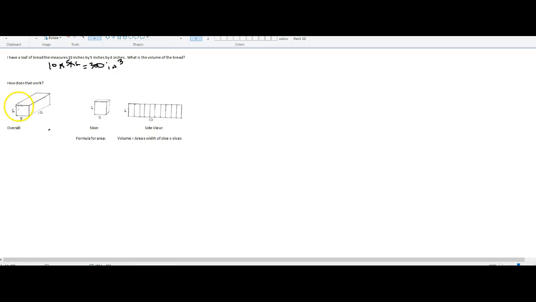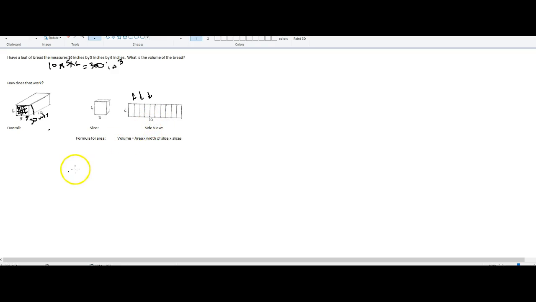If I were to cut this front up 5 ways this way, 6 ways the other way, and slice off an inch of it, I would have 30 cubes just in that first little bit. And then if I have 10 inches and I slice it this way, I'd end up with a total of 30 sets of 10, which you hopefully know is going to be 300 cubes, right?